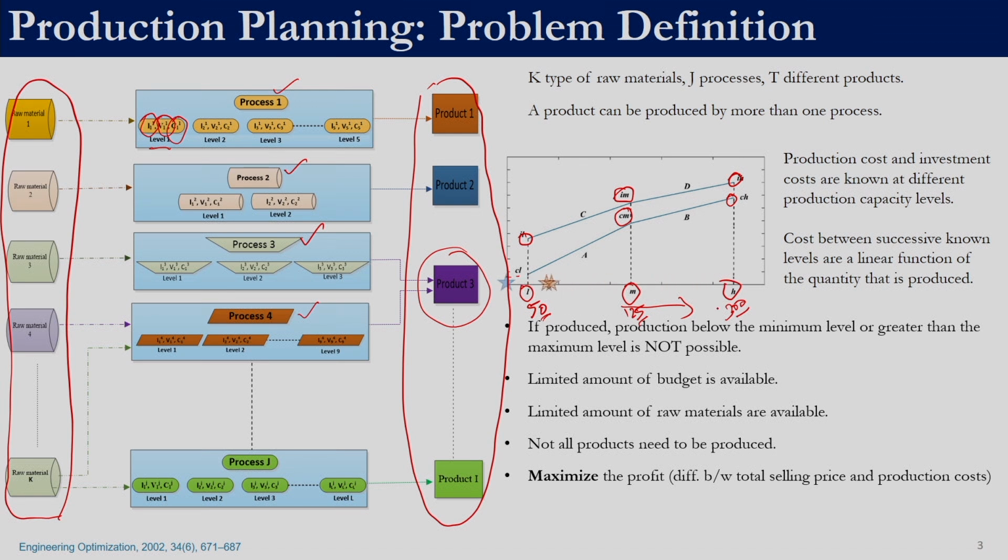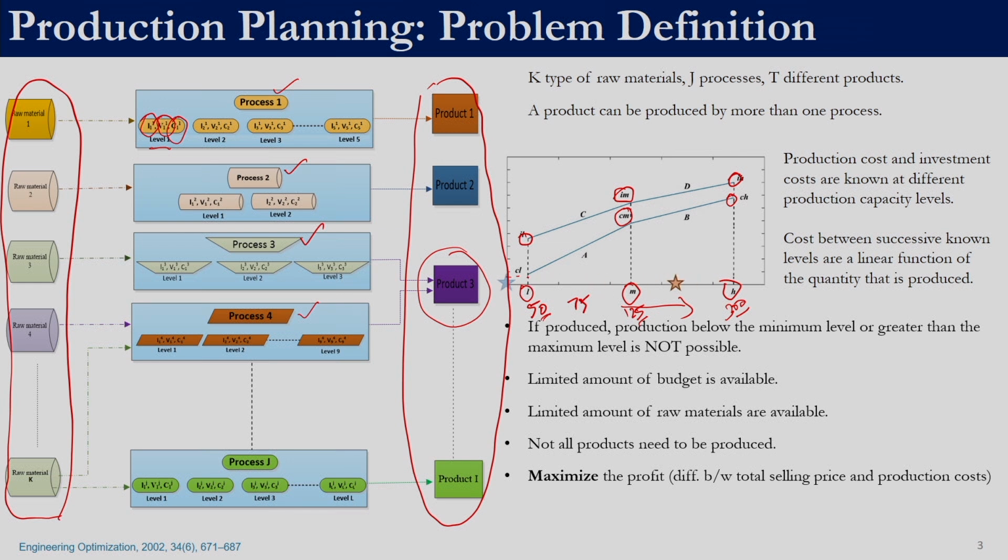So, this is known. Now, if we have to find out the production cost at, let us say, 75: we know the production cost at L, which is 50, and we know the production cost at 125. The production cost at 75 is a linear function. That is part of the problem definition. We are not assuming it; it has been given as part of the problem definition.